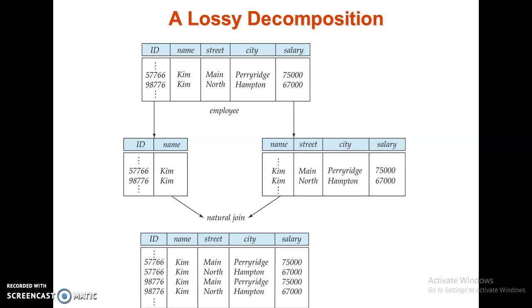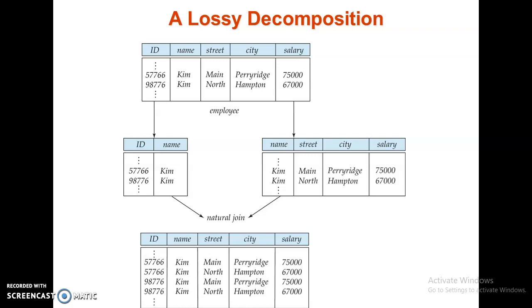Let's say if you have lost any information which is there in the original relation when you perform a join operation between the decomposed relations, or you get extra information which is not there in the original relation, this kind of decomposition is referred to as a lossy decomposition, which can be viewed in the current example.